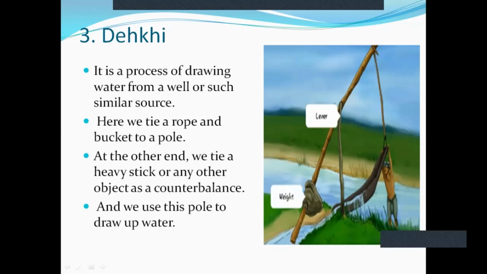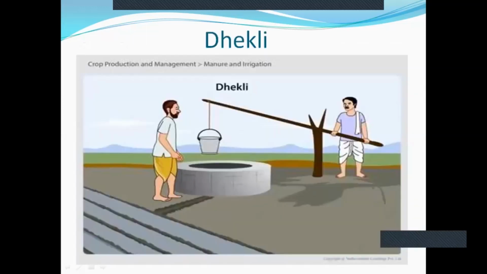From there the water is drawn, and this is actually a different method, in a different picture, I'm sorry, in which you can see the farmer has tied a bucket to a long wooden log.